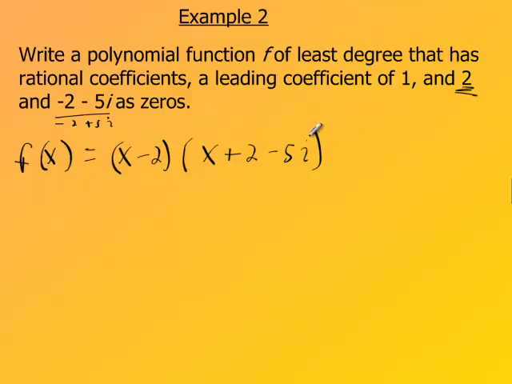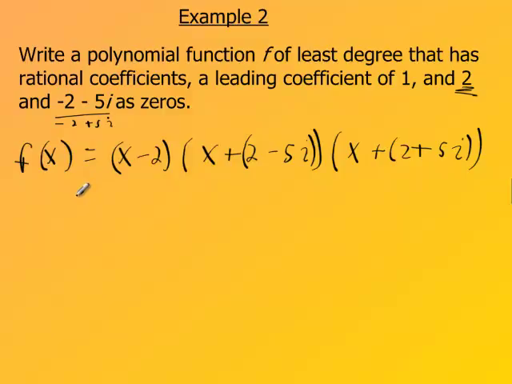And so this is going to be 1, and I'm going to put separate parentheses kind of isolating this complex number. And since 2 minus 5i is going to be a zero rather, then I know that x plus 2 plus 5i must be a factor as well.